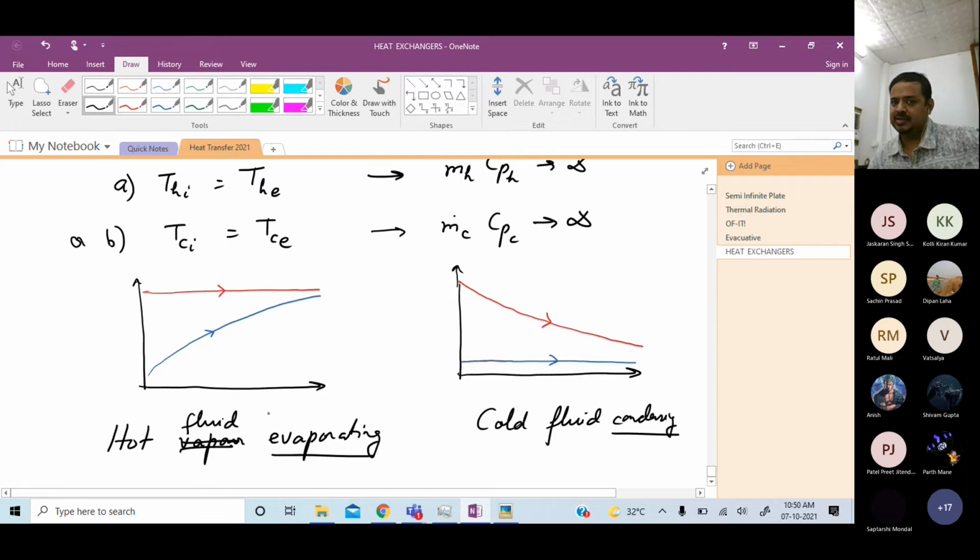It's latent heat, right? So the cold fluid will give up the heat. Sorry, the hot fluid. Hey, sorry, I wrote it the other way.